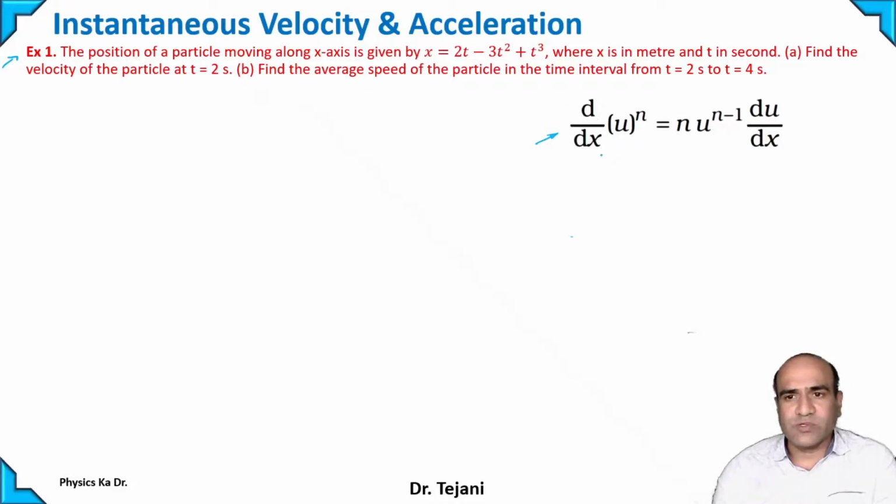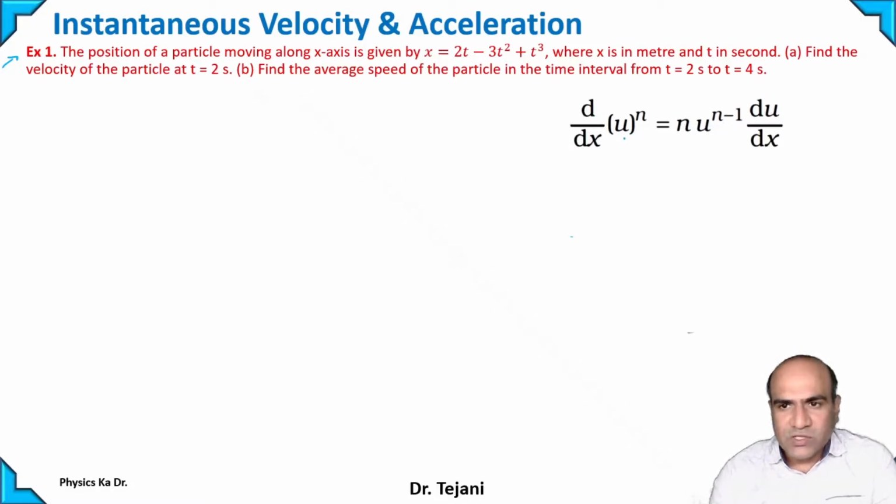First, suppose d by dx of u power n is given. You just take n in front of u, and it becomes u power n minus 1. Very simple.